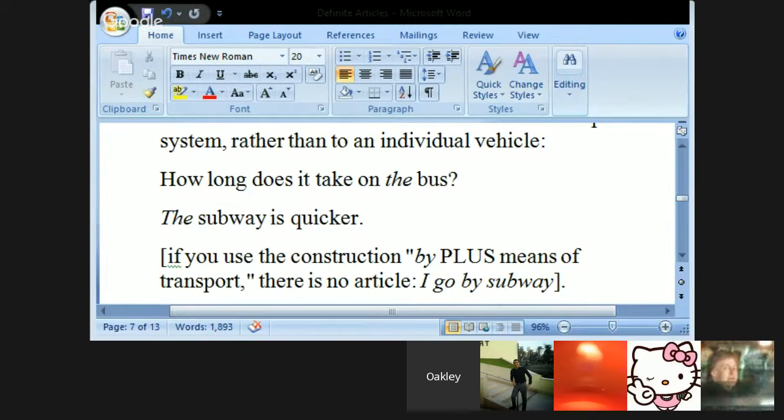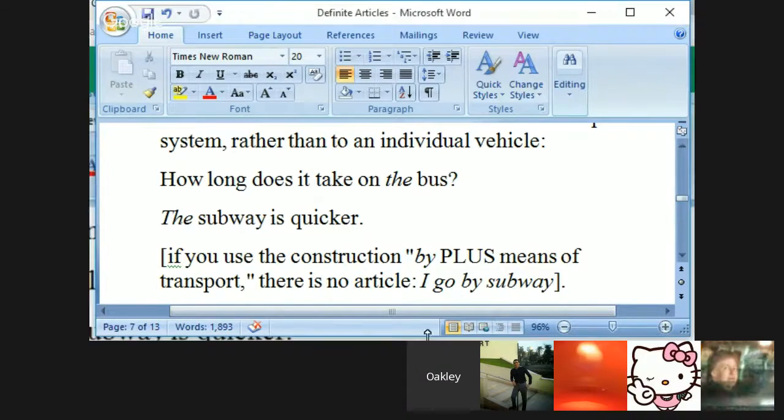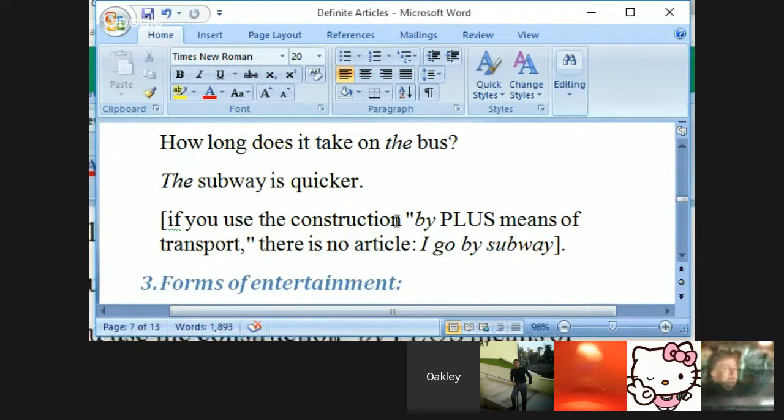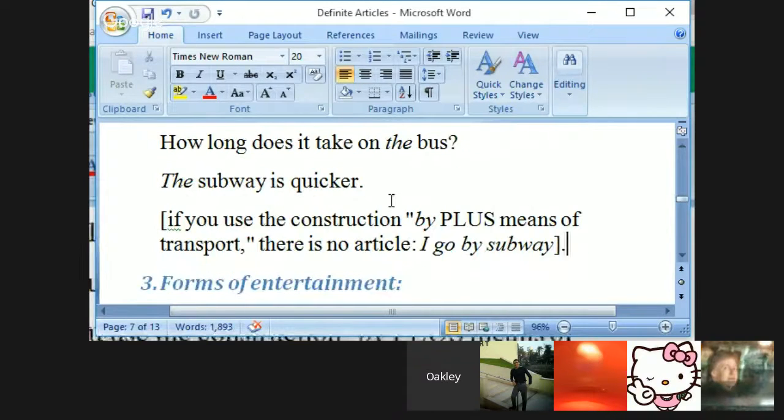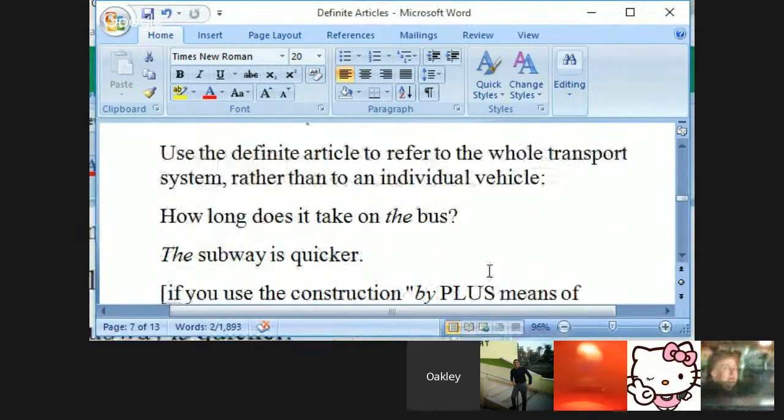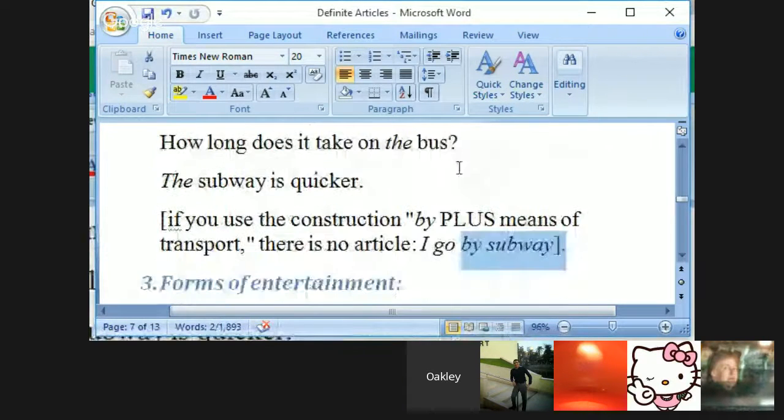So, when you use "by" and the transportation, no article is necessary. Actually, having an article would sound weird: "by the subway." It's very common to say "by" and the transportation too, by the way.